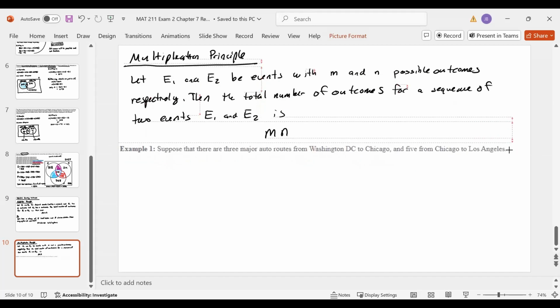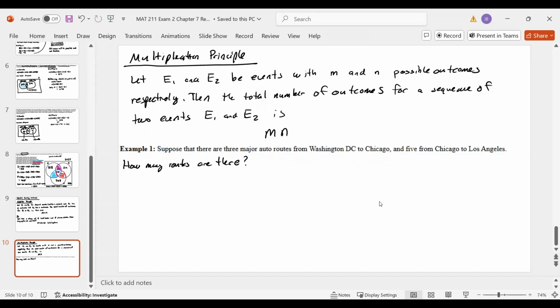So suppose there are 3 major auto routes from Washington, D.C. to Chicago and 5 from Chicago to Los Angeles, right? How many routes are there?